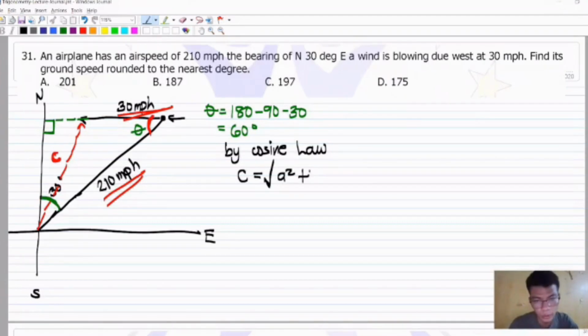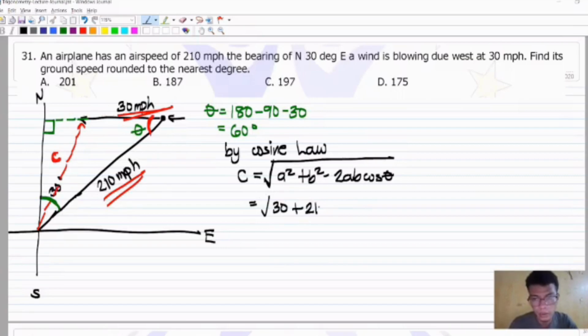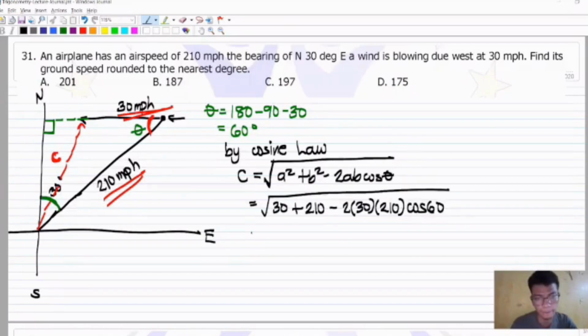Square root of a square plus b square minus 2ab cosine theta. So that will be, the A is 30, B is 210, minus 2 times 30 times 210, and the angle is 60, cosine 60.